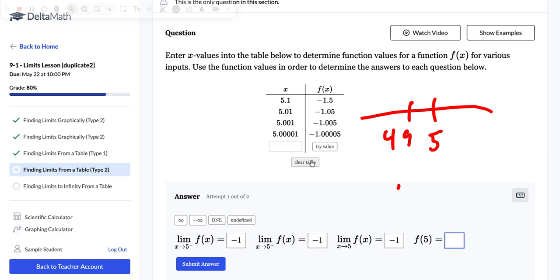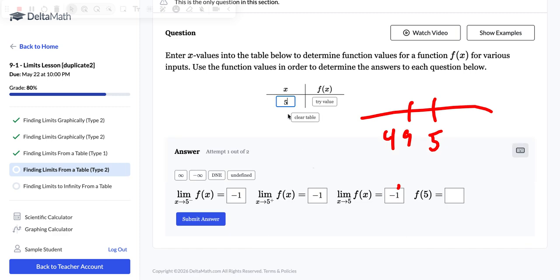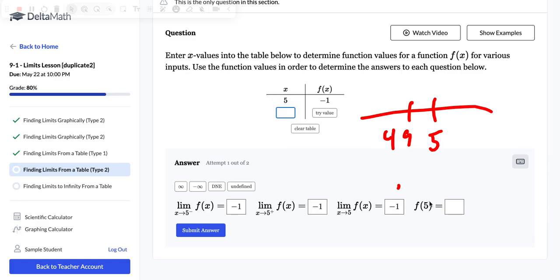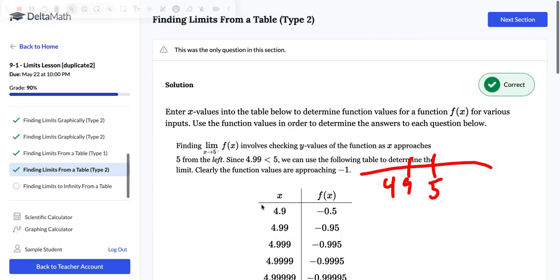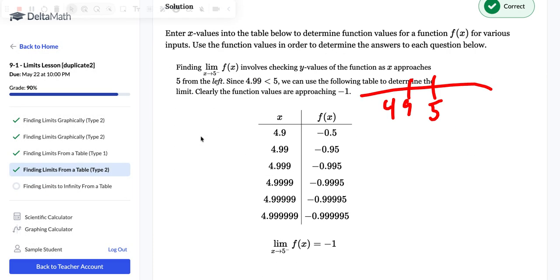But when you arrive at that value of x at 5, it's also -1. Okay. Later you'll learn that this is called a continuous function. It's a very smooth line at x equals 5.